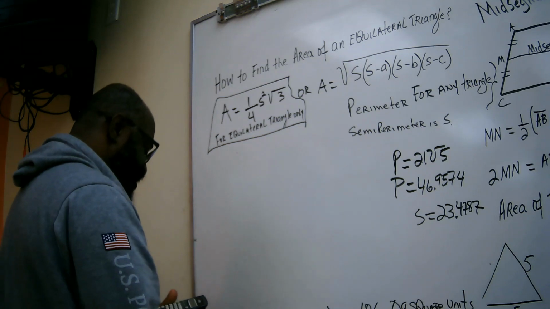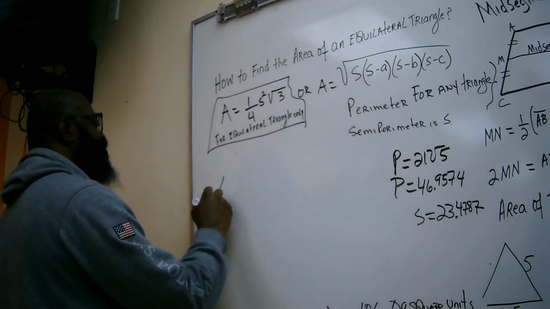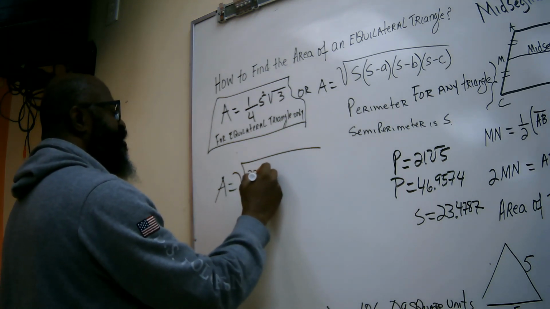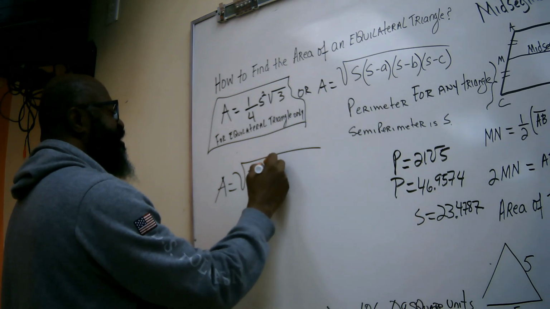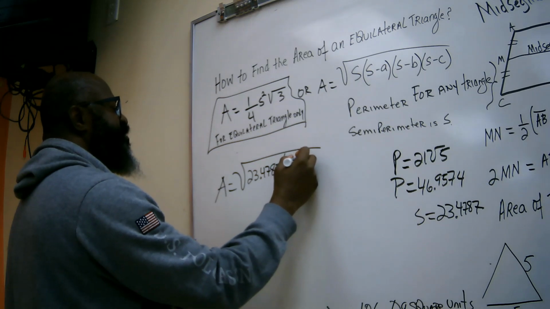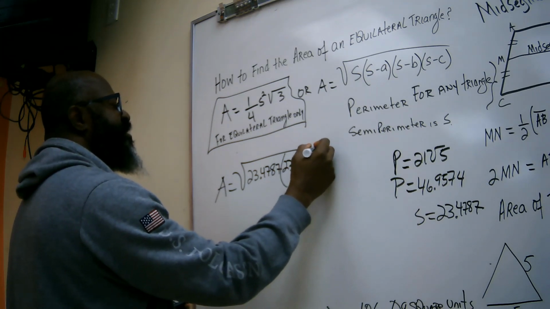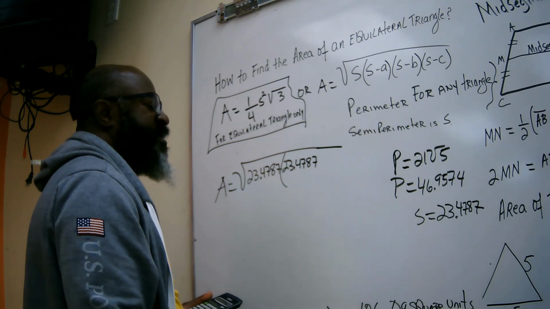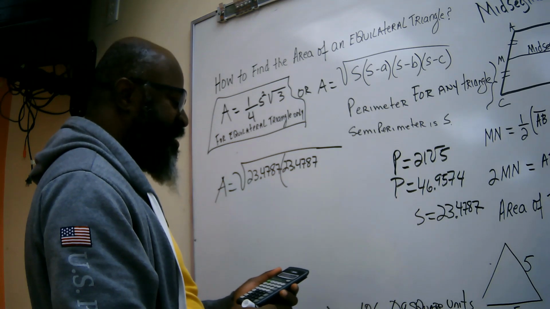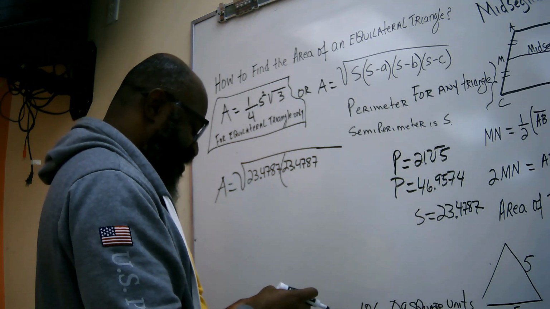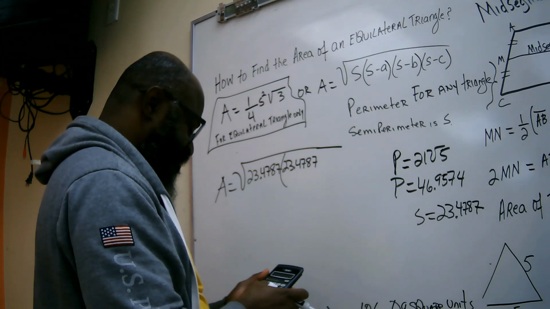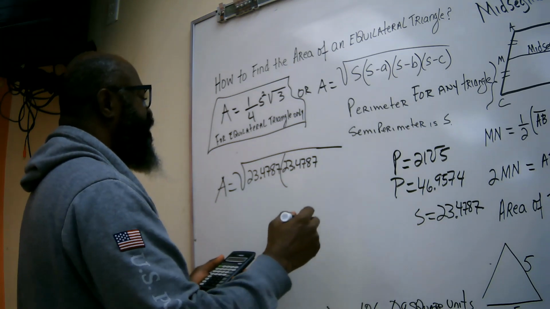To use Heron's formula, you will have A equals square root of S, which is 23.4787, times 23.4787 minus 7.5 minus 7 square root of 5. What was 7 square root of 5? Square root of 5 times 7.